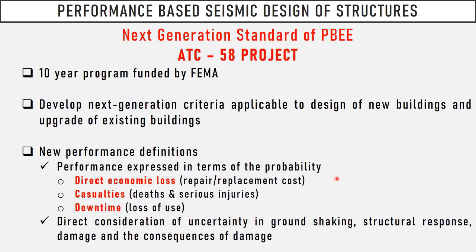has been proposed to the engineering society. And of course, it is inevitable that performance is expressed in terms of probabilities, but now these performance definitions are based on direct economic loss, which means the ratio of the repair and replacement cost that the buildings experience, the casualties, the deaths or serious injuries, and the downtime, which is loss of use.